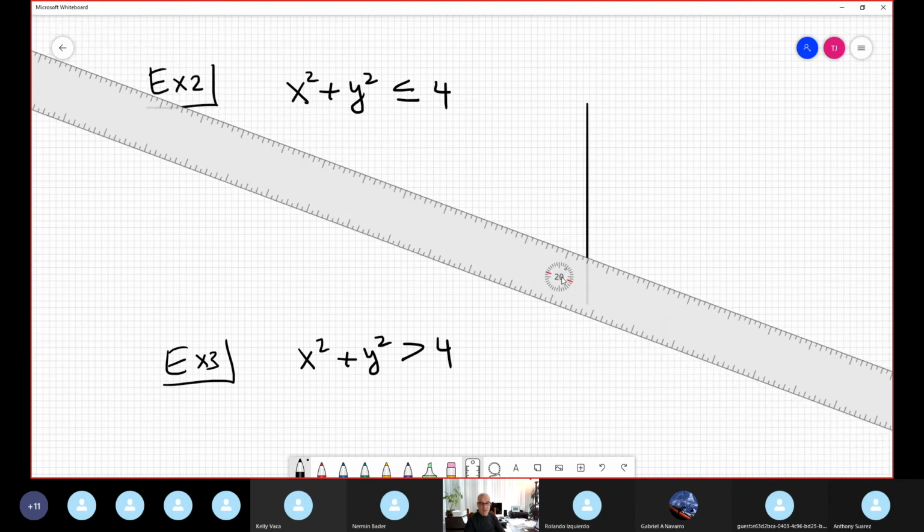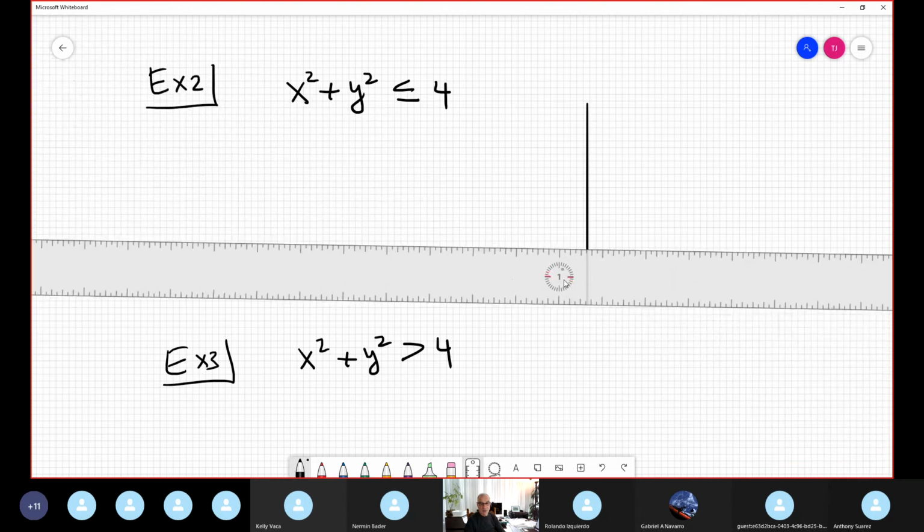This case is crazy, because it's not linear.